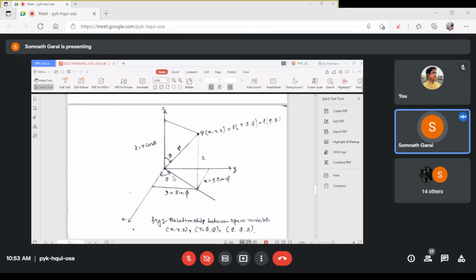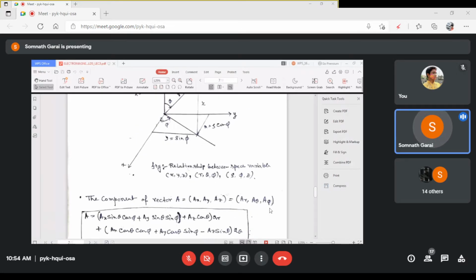So phi is the horizontal angle, and theta is the vertical angle. This is the vectorial relationship of the Cartesian coordinate and spherical coordinate. Understood? Yes, sir. Okay. Now come again to a numerical problem regarding this.